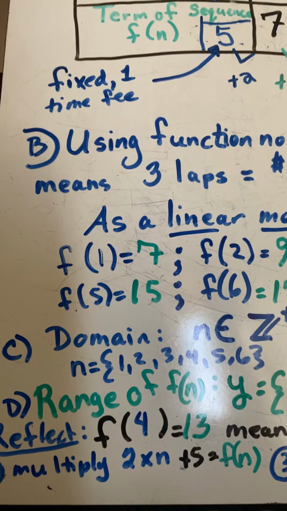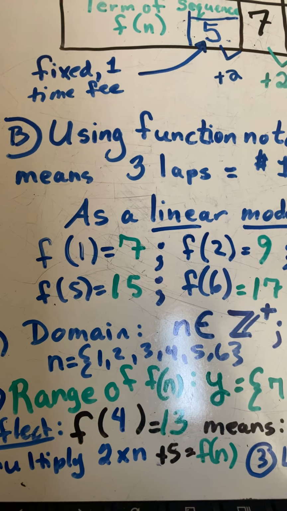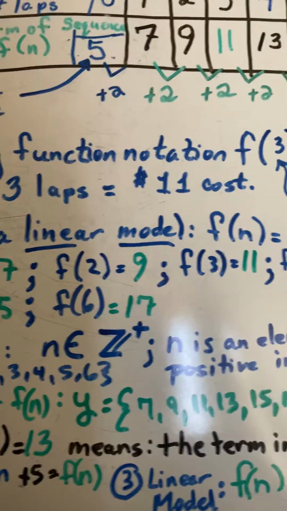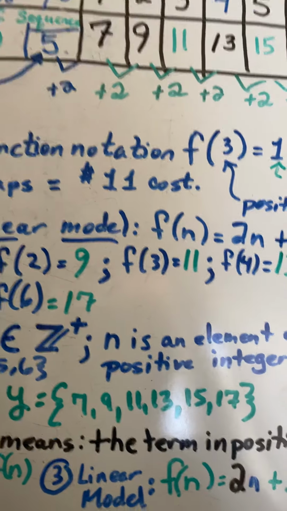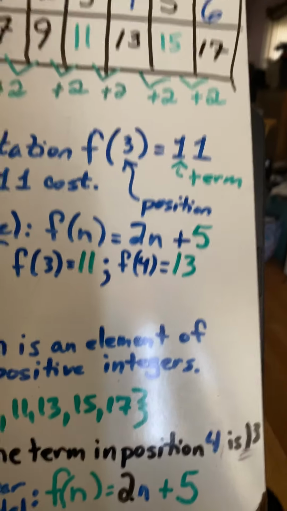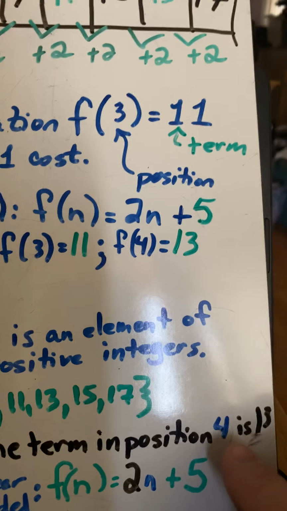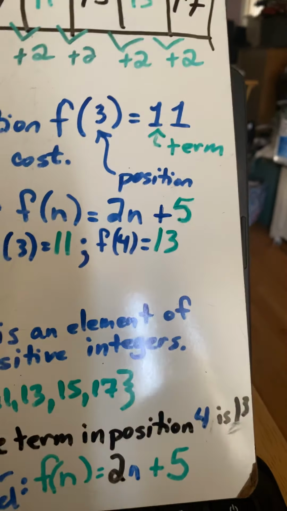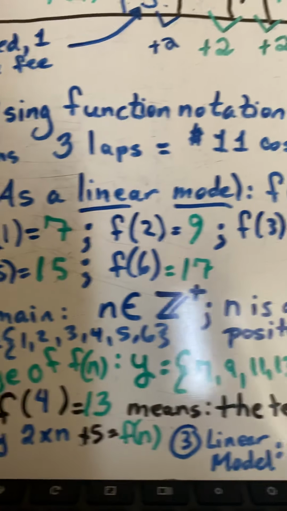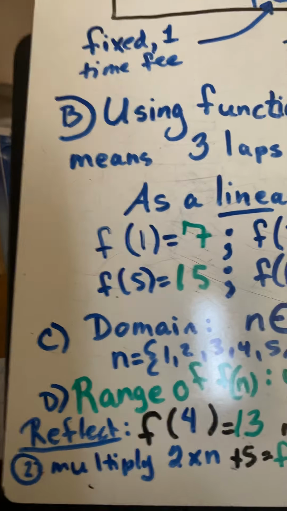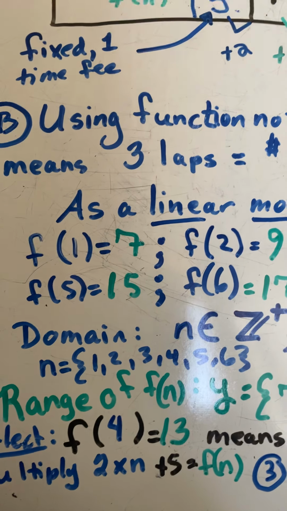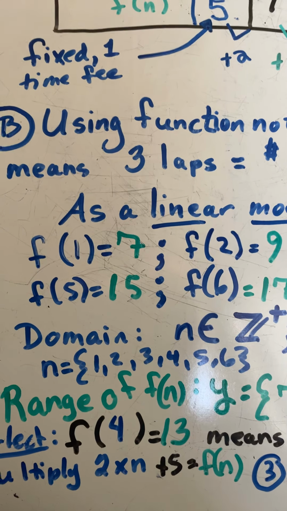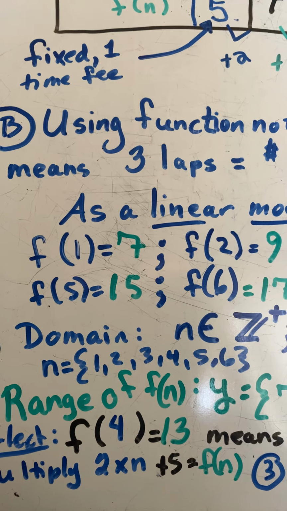Last, we go to reflection. What does f of 4 mean? F of 4 equals 13 means the term in position 4 is 13, or 4 laps cueste $13. 4 laps is $13. All right. Reflect number 2, multiply. So they said, how do we arrive at the term in the sequence given the position n?